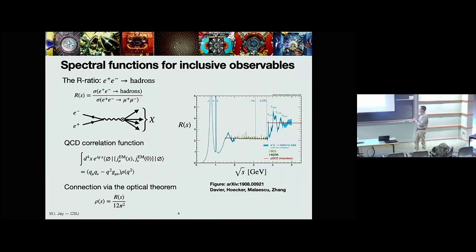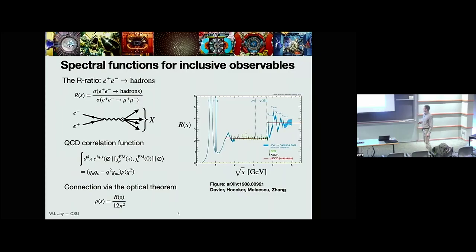And because we're probing the vacuum, we've got vacuum states externally. So this is a creature that has two Greek indices. If you strip those off in the usual way, what you're left with is a scalar function. That's the scalar function that I'd invite us to think of as the spectral density. And up to some conventional normalization factors, this basically is the R ratio.